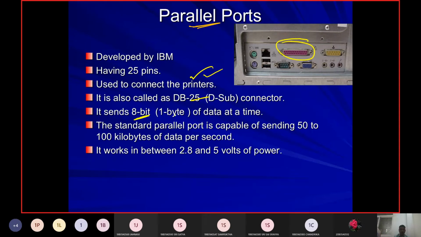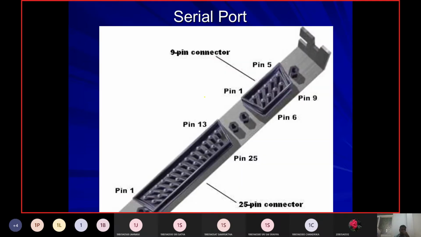How much speed it is going to work with means 100 kb speed, and how many bits it is going to transfer means around 8 bits, and power consumption is between 2 to 5 volts, etc. So the first and foremost important thing is that the parallel port is a way you can connect your printer to the computer, you can connect the printer to your laptop. So that is why we are going to use the parallel port.